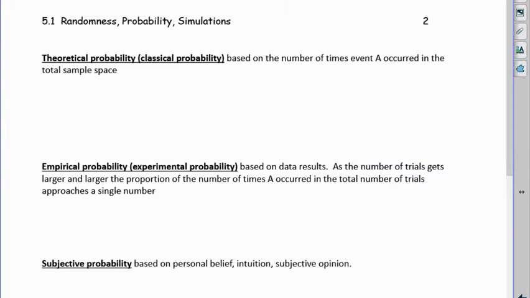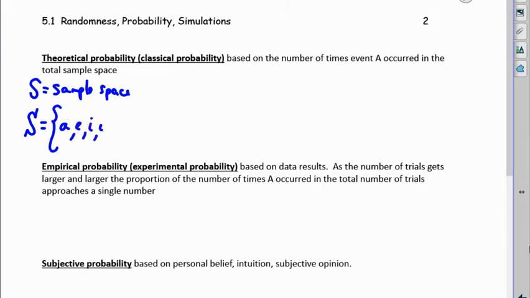Okay, so theoretical probability, which is also referred to as classical probability, is based on the number of times event A occurred in the sample space. So think of S as your sample space. For example, let's do the vowels. Then my sample space, in brackets showing it's a set, is {A, E, I, O, U}, and I don't know if we want to include Y in there, sometimes Y. So that would be my sample space.